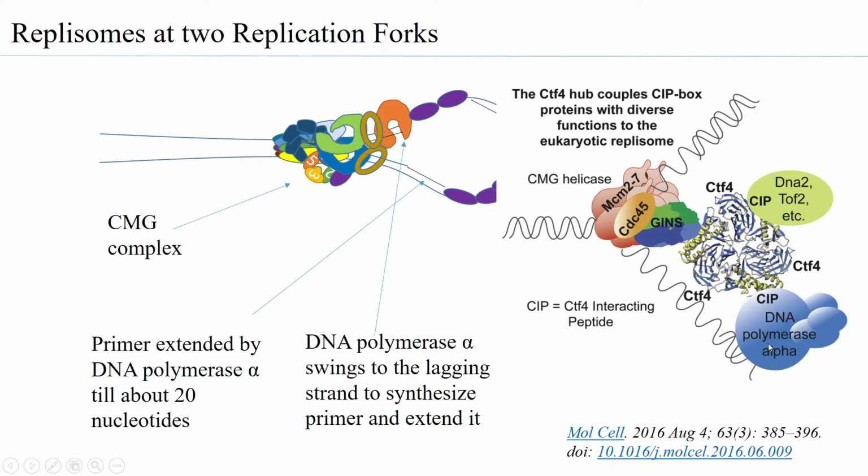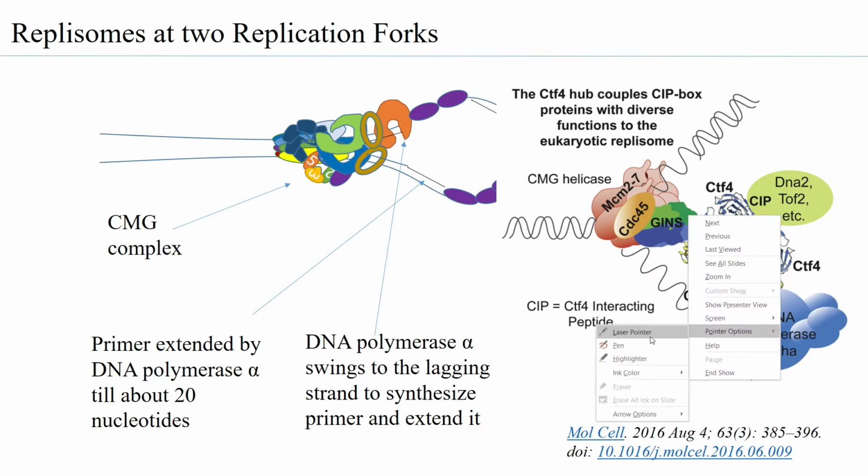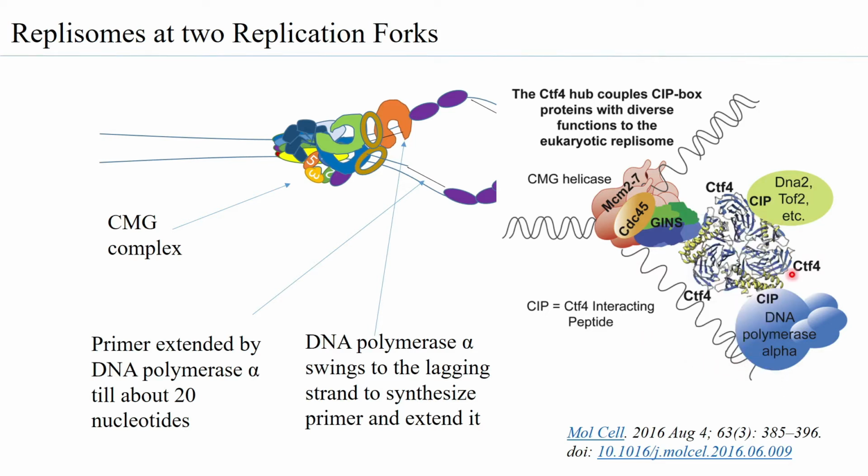DNA polymerase alpha itself has a CIP box, and hence it can interact with the CTF4. So you may look at the CTF4 as acting as a bridge or a scaffold to bind to several different proteins associated in the process of replication. What is interesting to note here is that the DNA polymerase alpha, which has completed synthesizing the primer and the extended DNA at the leading strand, can swing to the lagging strand.